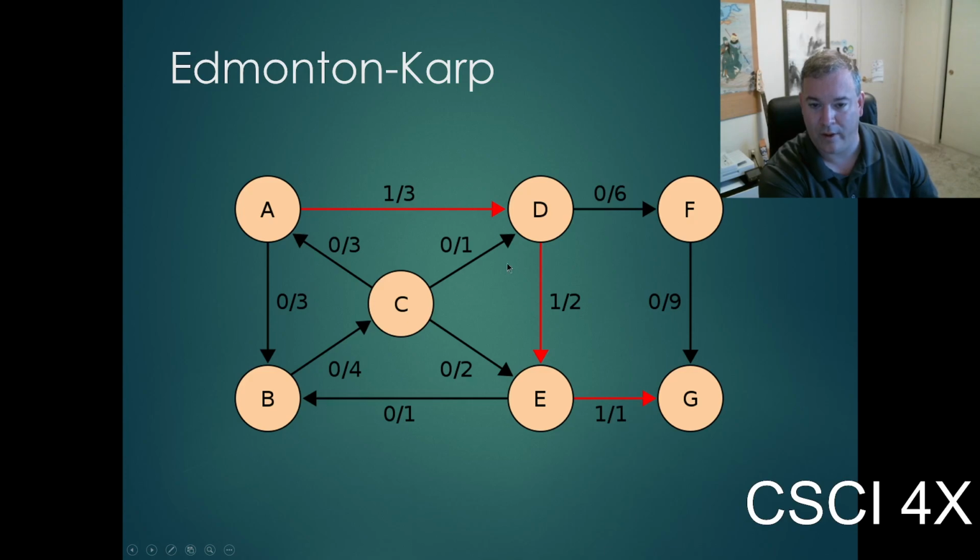And this one can hold 1. Okay, so do you see how this works? Now that this one is at capacity, it's essentially detached from the graph, right? You can just say, all right, there's no pipe there anymore. So we've pushed one through the system, and we've detached this one.